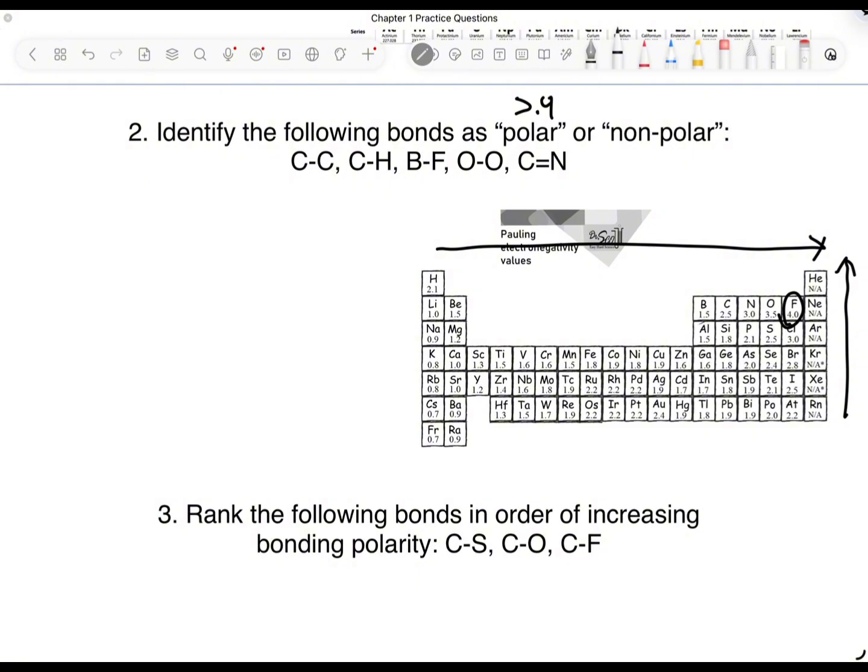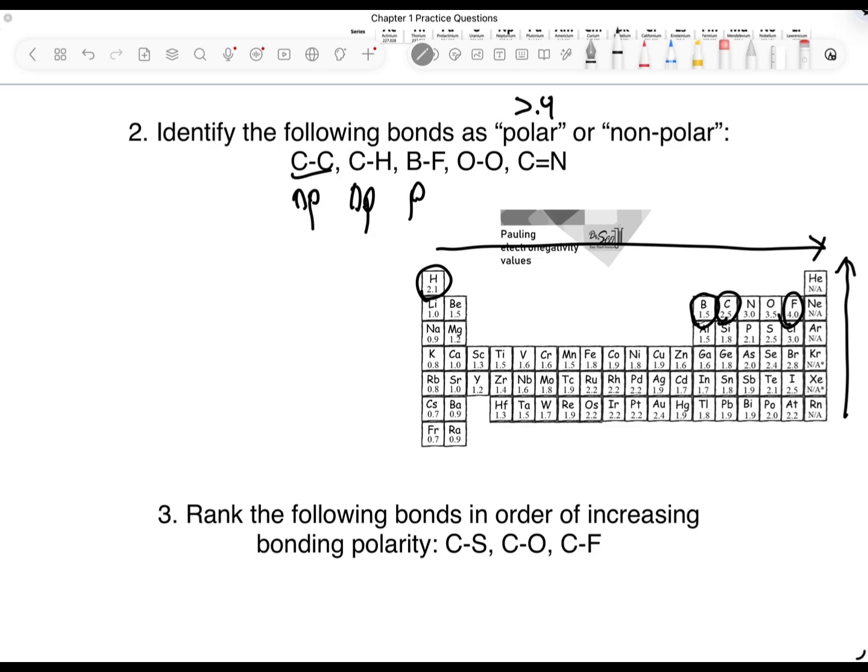So now let's look at the actual question. A carbon-carbon bond, they have the same electronegativity, so that's going to be a nonpolar bond. A carbon-hydrogen bond, where carbon is 2.5 and hydrogen is 2.1, so that's a 0.4 difference, so that's going to be a nonpolar bond. Now, boron-fluorine, where boron is 1.5 but fluorine is 4, that's going to be a 2.5 difference, so that's going to be a polar bond.